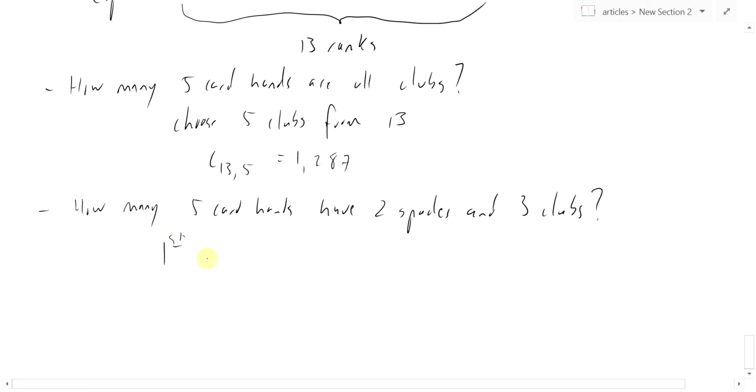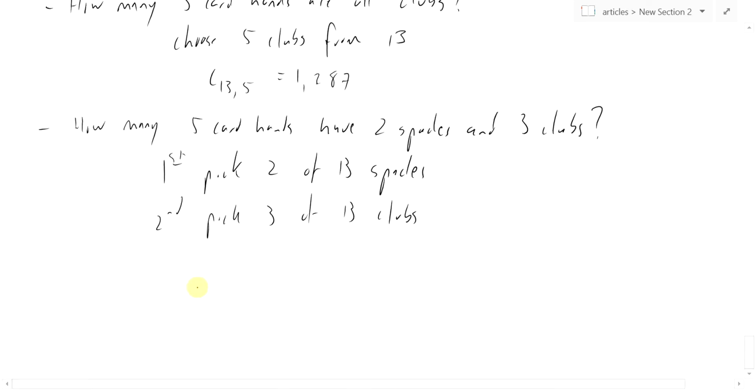First, pick 2 of 13 spades. And then second, pick 3 of 13 clubs. That's a sequence of choices. First pick the spades, and then pick the clubs, and then that tells you how many you have.